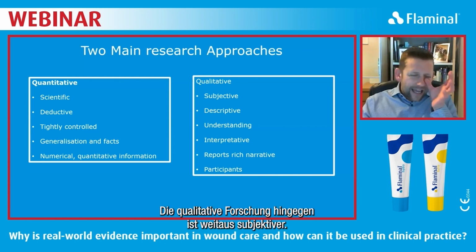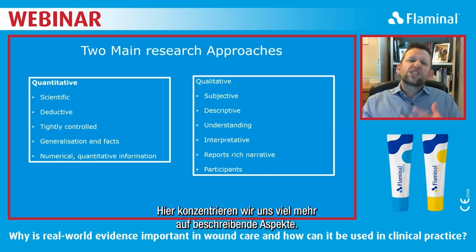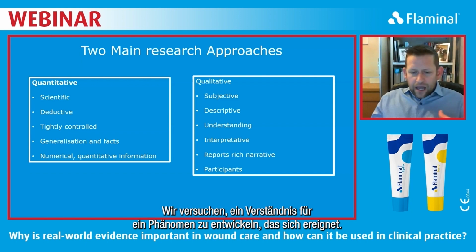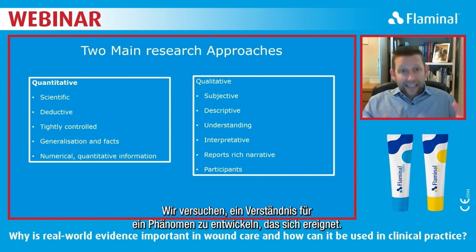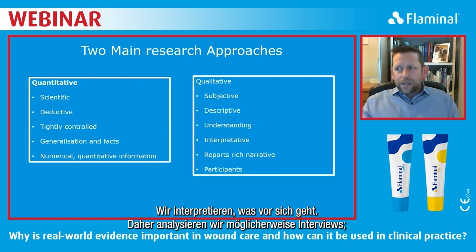Qualitative, on the other side, is much more subjective. We're looking much more at descriptive elements here. We are gaining an understanding of a phenomenon, of something that's going on. We interpret what's going on.